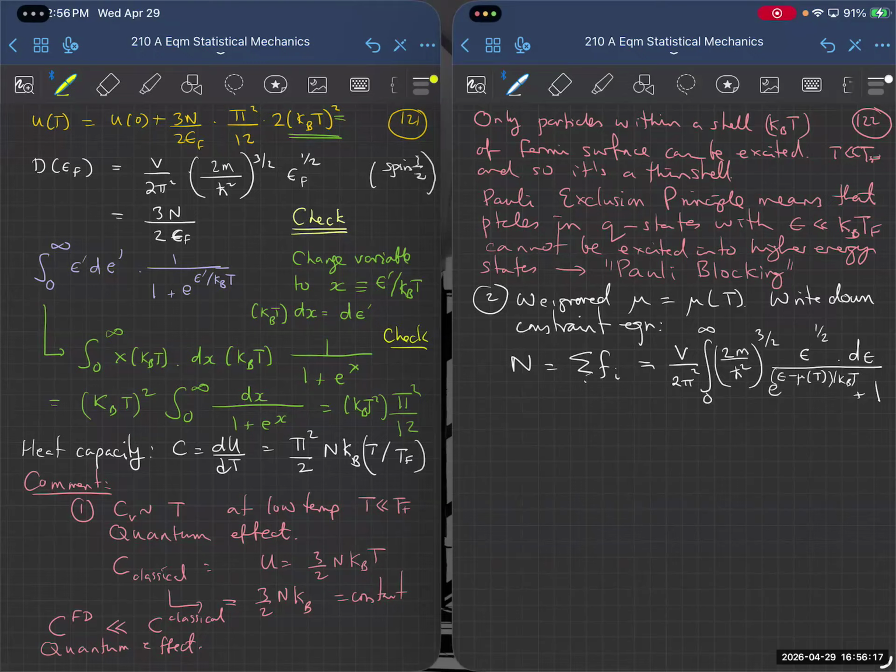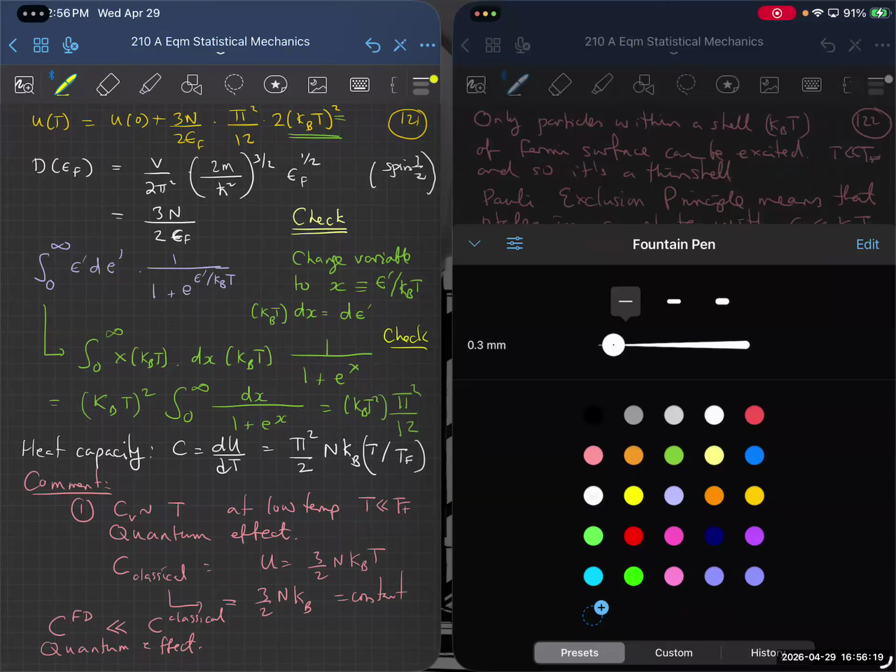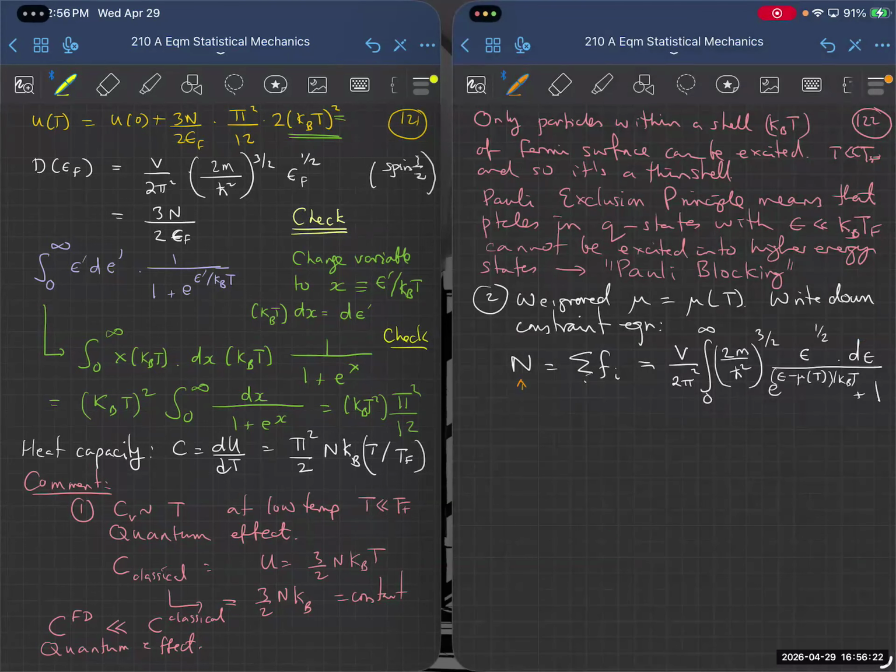And so here's the thing, you can see that this number here is fixed. That's just the average number of particles in the system, which is very, very sharply peaked around, say, 10 to the 23 or whatever it happens to be. And then everything else in this integral is a constant. The only thing that varies is there's a factor of temperature.